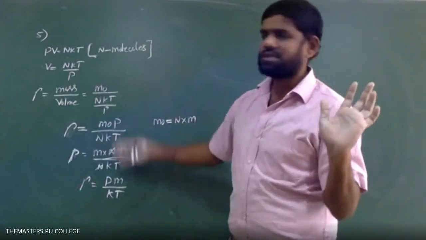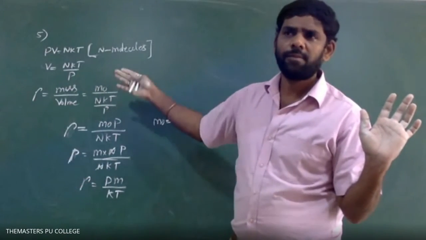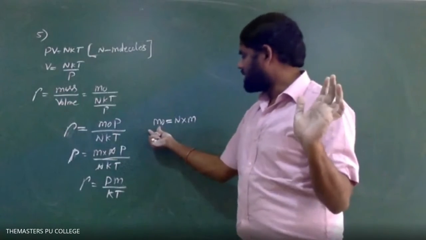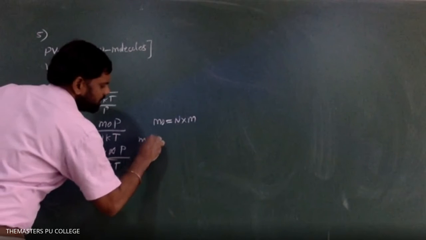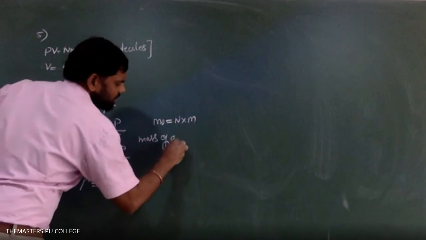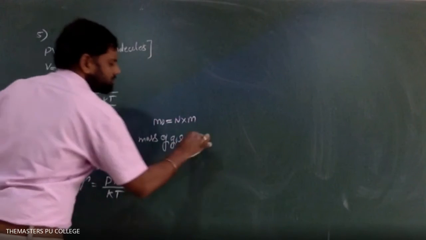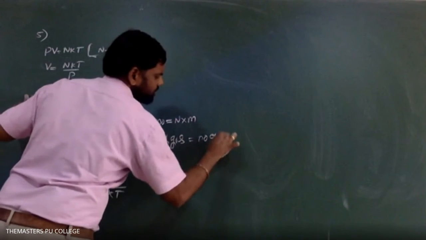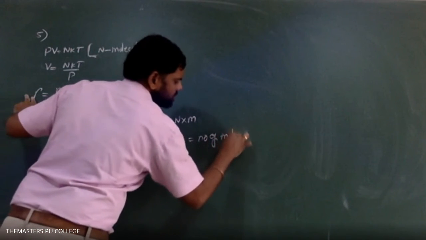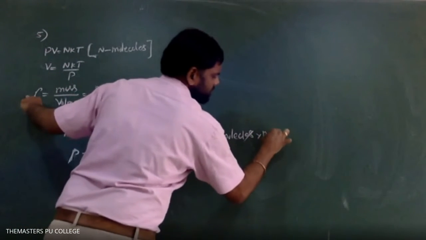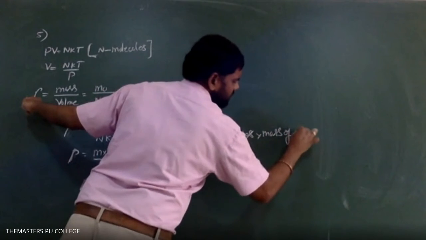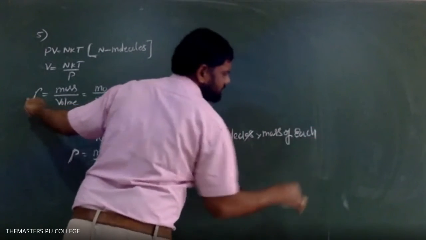Okay, so students have got this. If you want, you can write this: m naught stands for the mass of gas, which equals the number of atoms or molecules times the mass of each molecule.